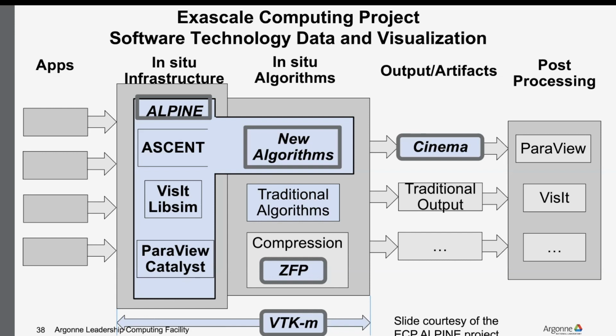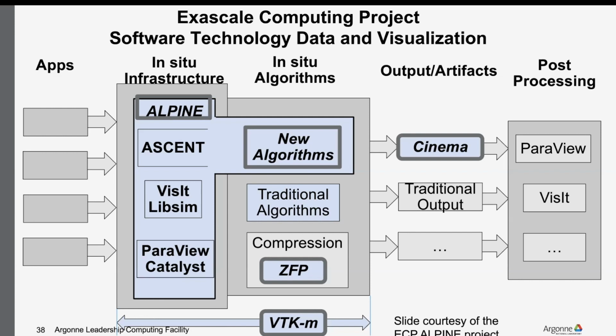Ascent is the way of providing those new algorithms. And then there are the software infrastructures that have been around for decades now, which are VisIt LibSim and ParaView Catalyst. All these technologies are available, and you can use them here at the facility. All this builds on VTK-m, which is the lower layer that we're showing there.